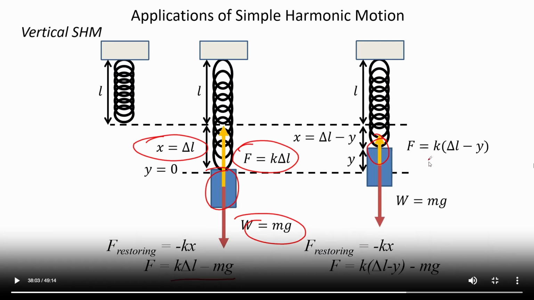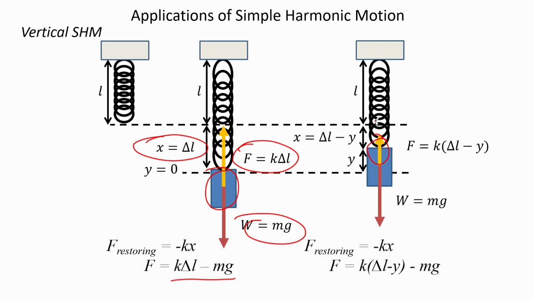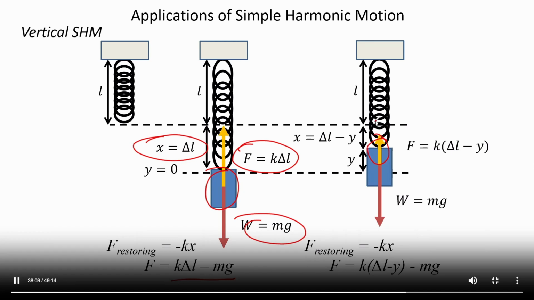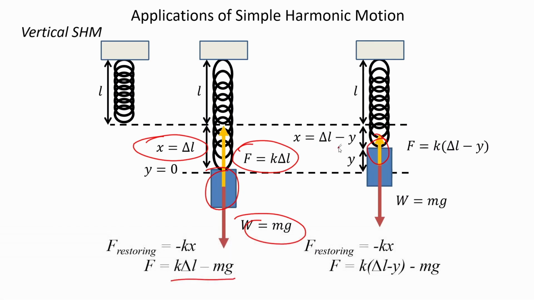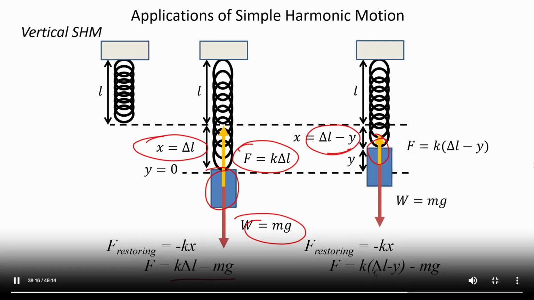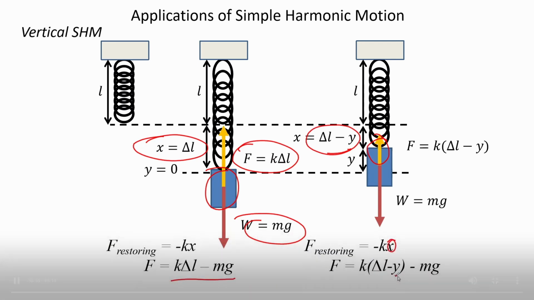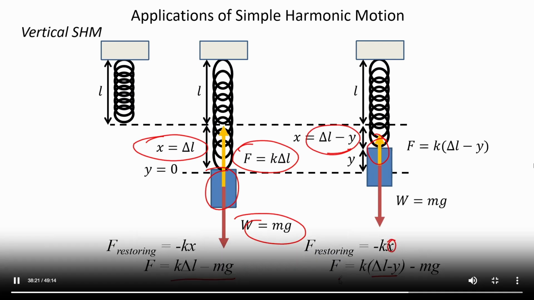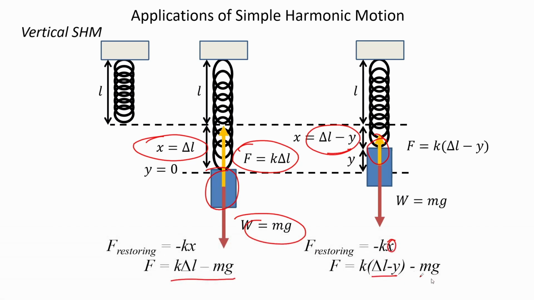You still have the weight, but the restoring force is now acting, trying to pull it back. So the x here would be delta L minus y. So the net force is k times x, which is delta L minus y, minus the weight, which is mg.